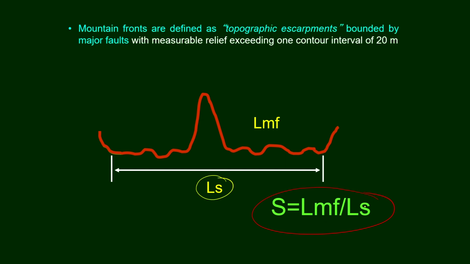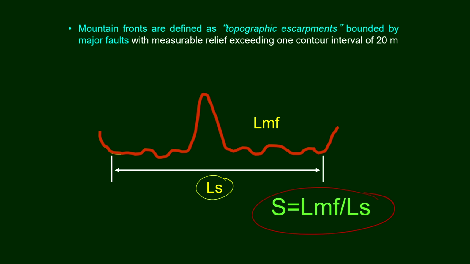As I also suggested in the previous lecture, a mountain front is defined as a topographic escarpment bounded by major faults with measurable relief exceeding one contour interval of 20 meters.